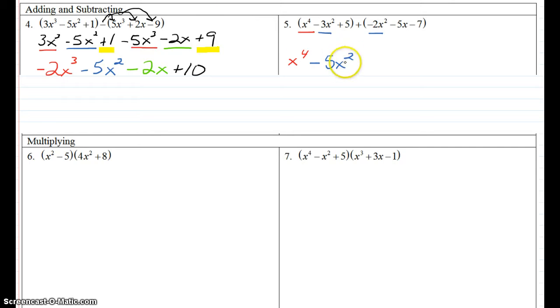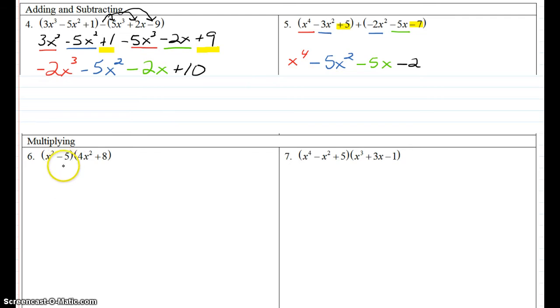Now I'm looking for an x. And I have one here, minus 5x. And now I'm going to look for my constants. So I have 5 and a negative 7, which is going to give me a minus 2.